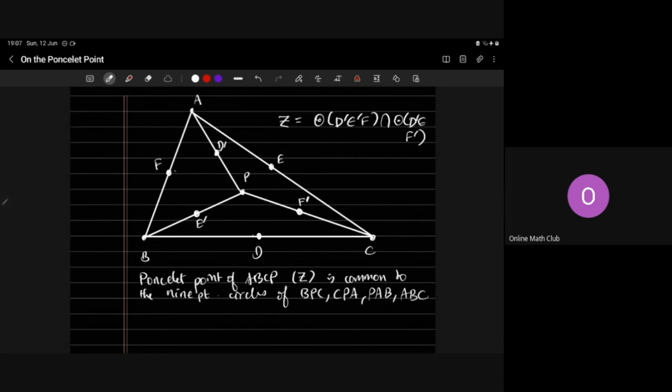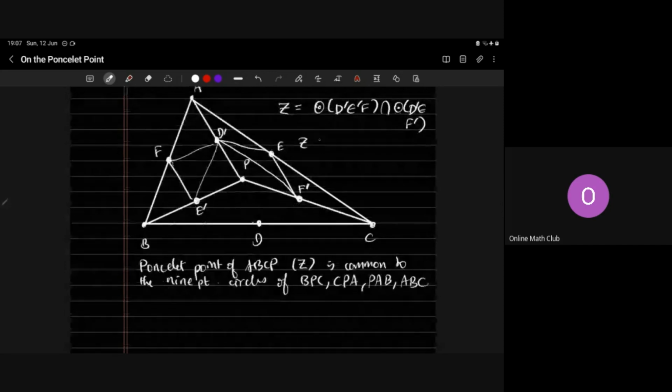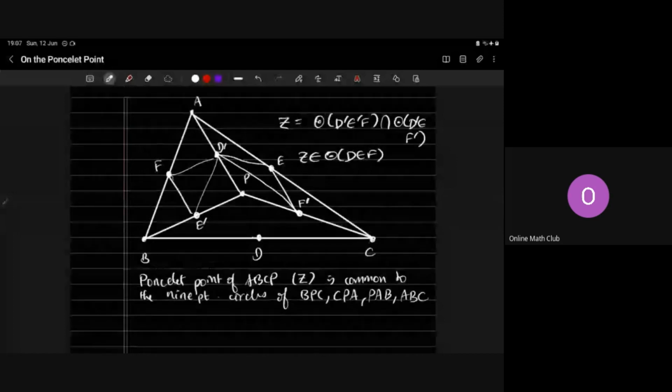So it's the intersection of circumcircles of these two triangles. And I'm not drawing Z in the picture because it might get messy. So anyway, I'll show that this Z belongs to the circumcircle of DEF. And similarly, you can show that this Z belongs to the circumcircle of DE prime F prime.